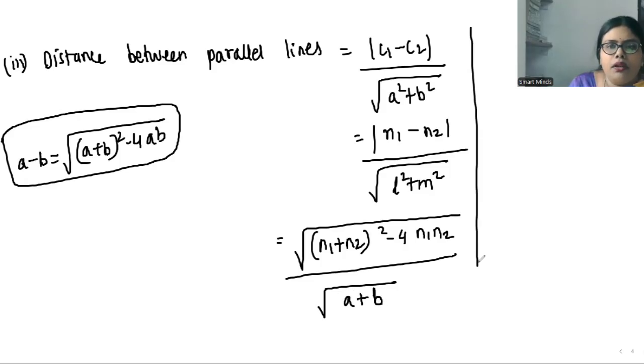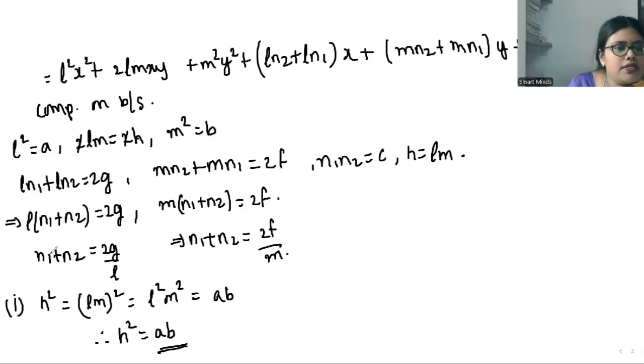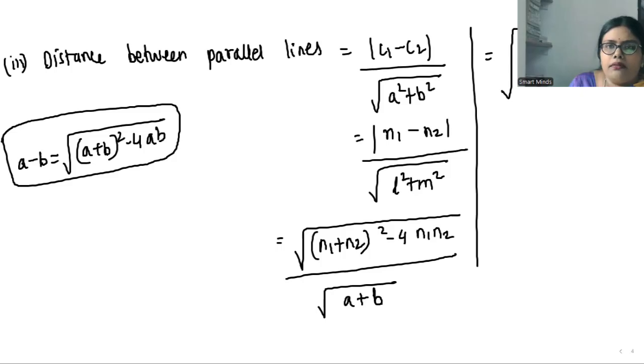Now that is equal to under root. Now what is N1 plus N2? If you look back here, what is N1 plus N2 we got from here? 2g by L. So we will use this value here: 2g by L whole square minus 4.